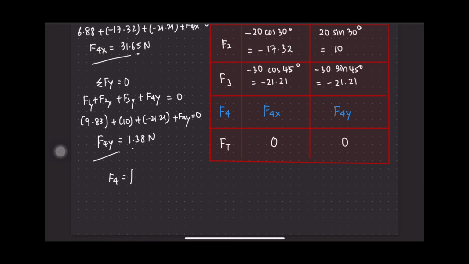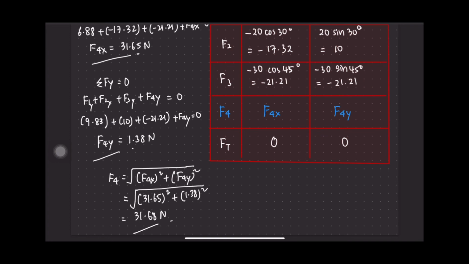Okay, so kita nak cari F4. F4 is combination between F4x square plus F4y square. So the value is 31.65 power of 2 plus 1.38 power of 2. 31.68 Newton. Okay, how about the direction?